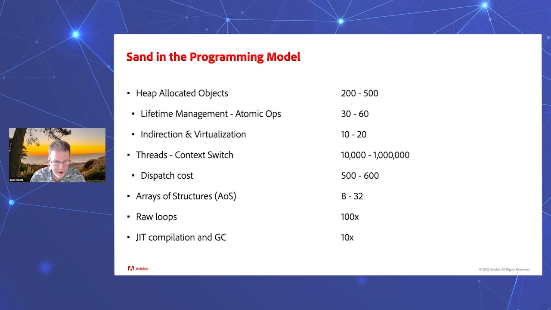The result is we tended to design languages around heap allocated objects, because there was effectively no cost compared to keeping data local, or at least very minimal cost. And we made heavy use of node-based data structures, things like std map, even std hash map is a node-based data structure, std list, which you should probably never ever use these days. All of those had a much reduced relative cost.